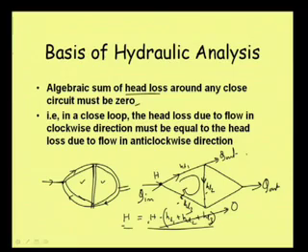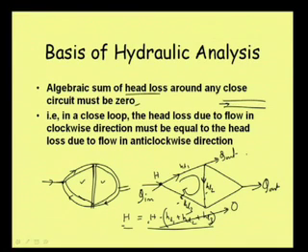And when the flow in a pipe is in the anti-clockwise direction, then we will be considering that head loss is negative, because we are talking about head loss around a closed conduit. Now, if we are calculating the head loss from here to here, suppose water is flowing from here to here, we can calculate head loss. But if the water is flowing from here to here, and we are calculating head loss in this direction, that means from here to here head loss will be what?